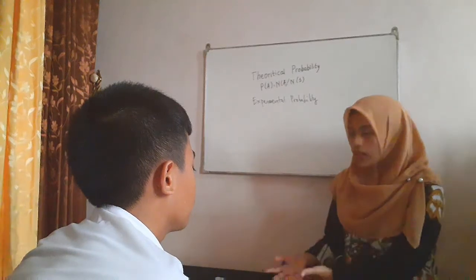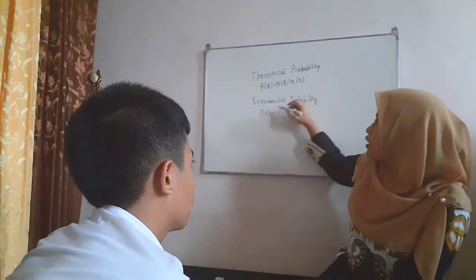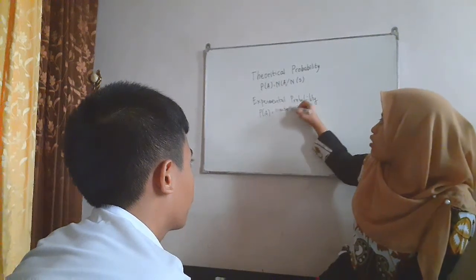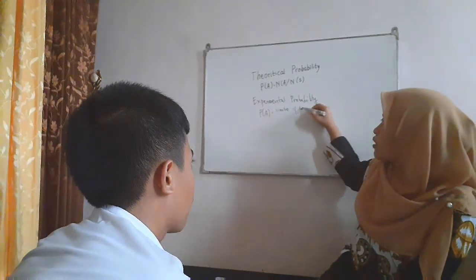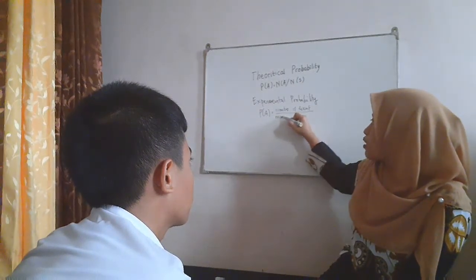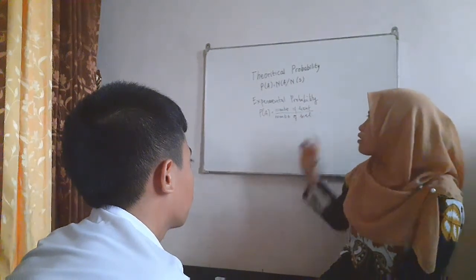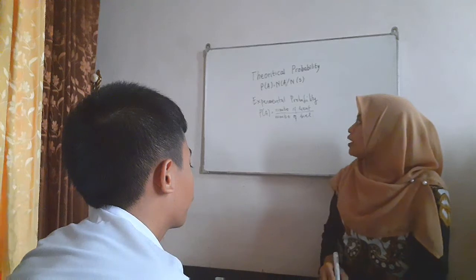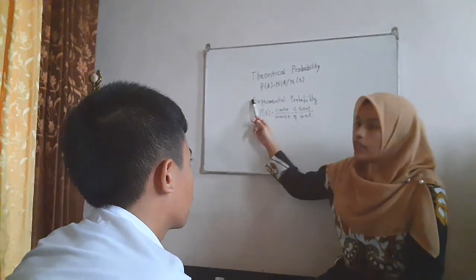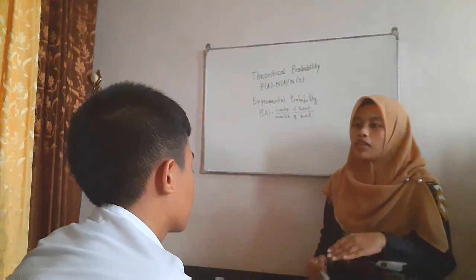We do trials. So to find the probability, it is the number of events that we want to know the probability of, over the number of trials. And the relationship is that the experimental probability is always approaching the theoretical probability, I mean the value.